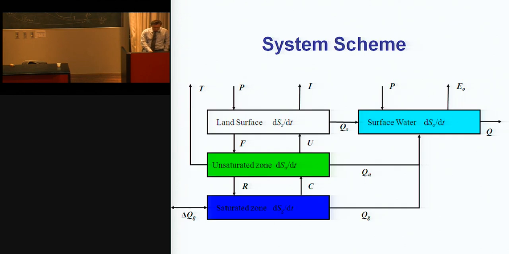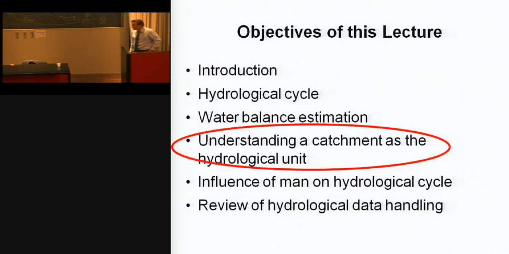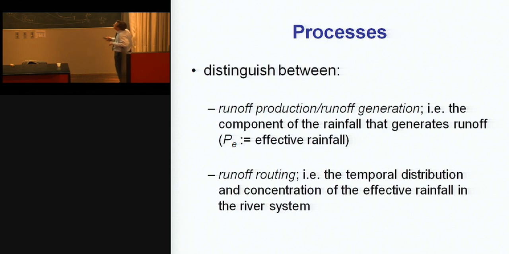Skip this. Then there is another terminology which I would like you to agree on, the difference between runoff production or runoff generation and runoff routing. Yeah? Runoff production is the generation of runoff through rainfall. So rainfall is generating a certain runoff. It's also called the effective rainfall.